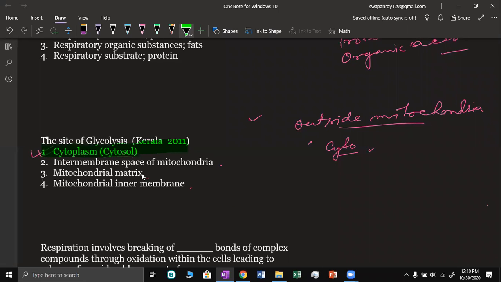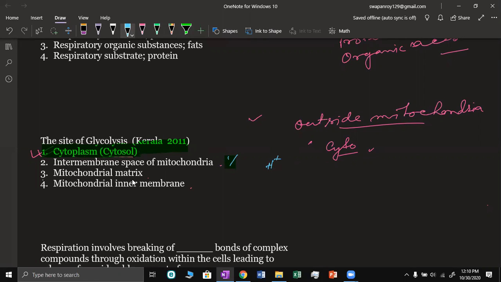The intermembrane space of mitochondria is the site where protons, that is hydrogen ions, are accumulated.